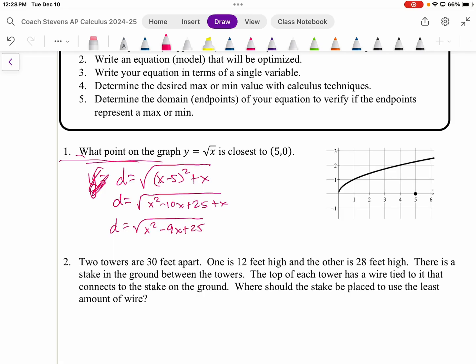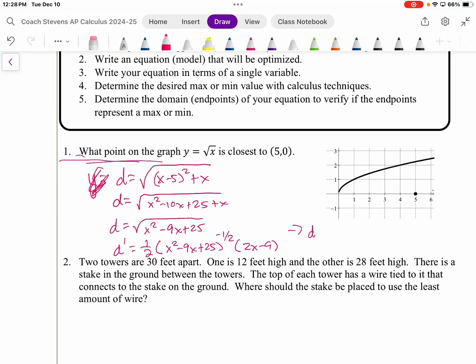Now let's take the derivative, d prime. That would be 1/2 times that square root stuff, but to the negative 1/2. Then I have to take the derivative of the inside, which would be 2x minus 9. I'm going to clean it up.